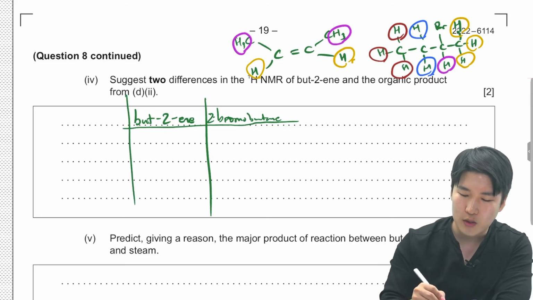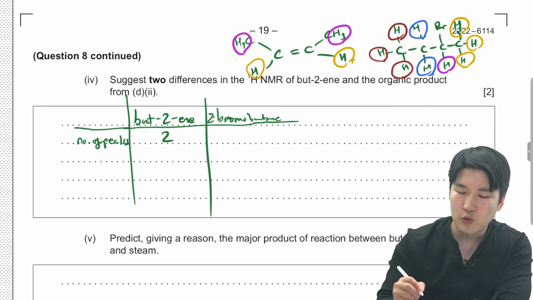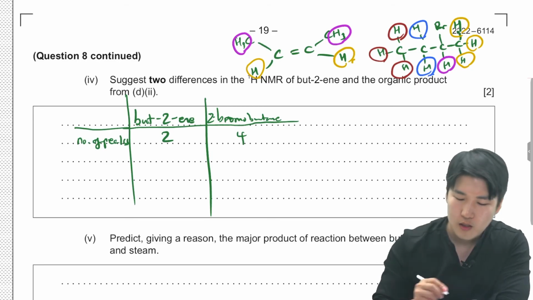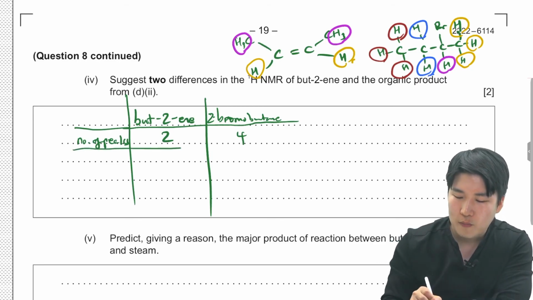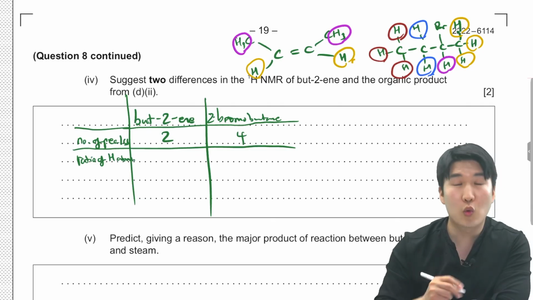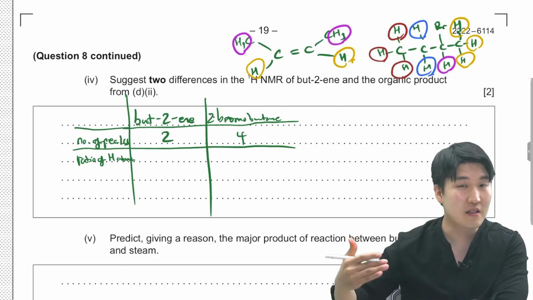Firstly, with number of peaks, 2 versus 4. There will be further discrepancies of ratio of hydrogen atoms or peak intensities.